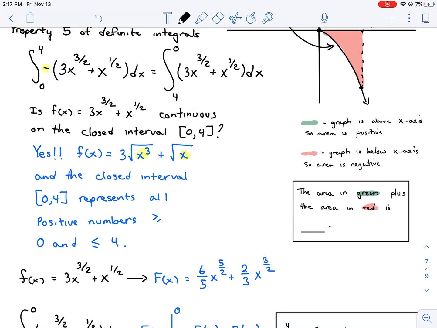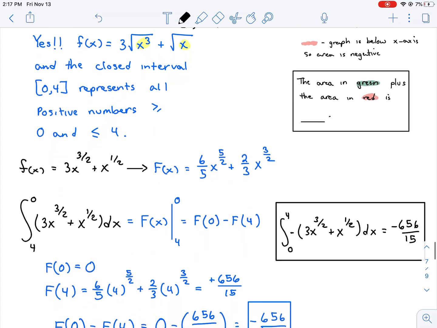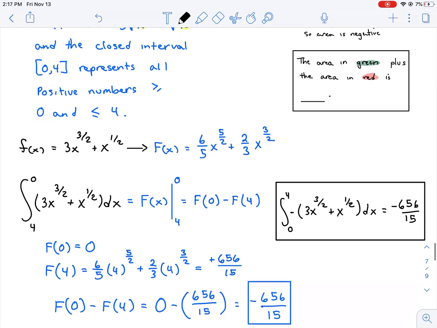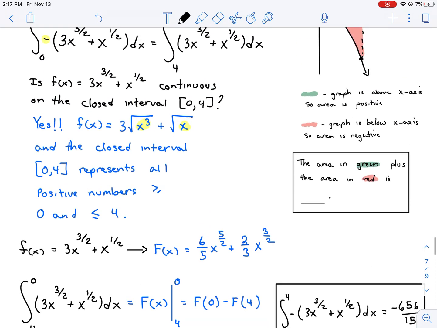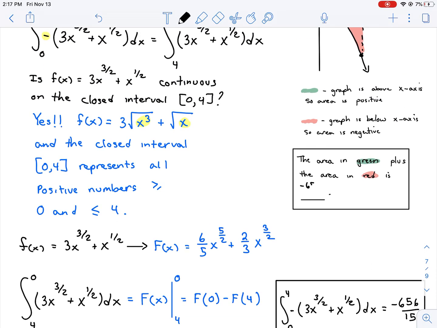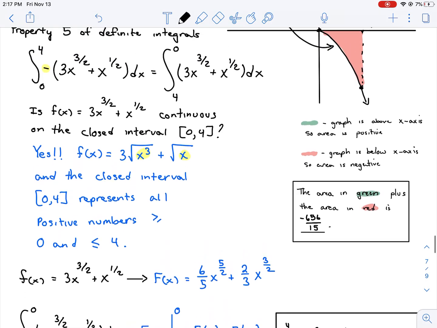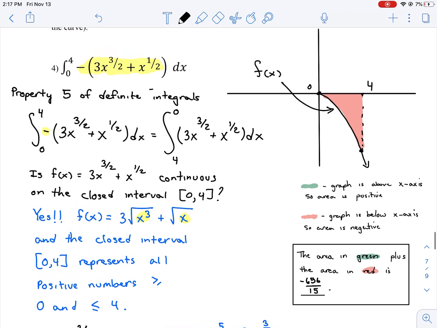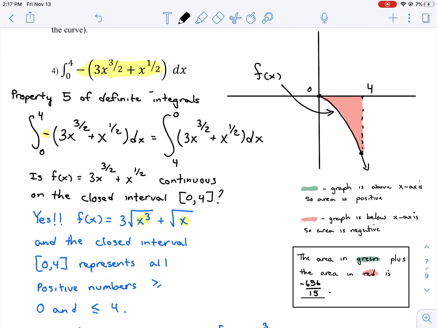So if I take the area in green, which is 0, and I add it to the area in red, which is negative 656 fifteenths, the result is negative 656 fifteenths. And that's what the value of the definite integral represents. And we are done.